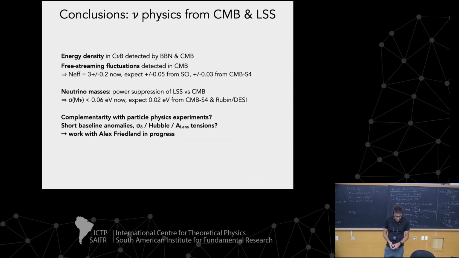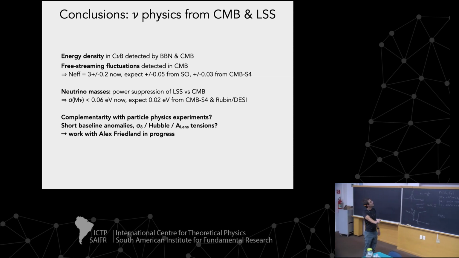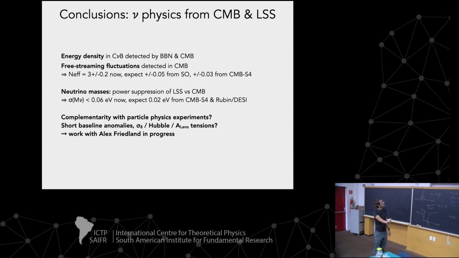Okay, so I think that's all I wanted to say about those neutrinos today. And so again, the existence of this cosmic neutrino background has been detected by the CMB. In fact, it's true by the BBN as well. The CMB detects not only that there is a cosmic neutrino background, it also tells you how much energy is in this, and therefore how many neutrinos there are.